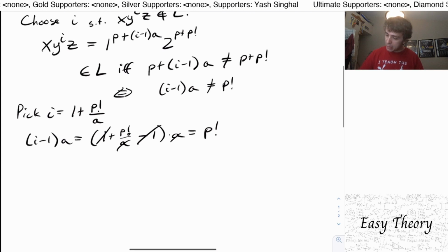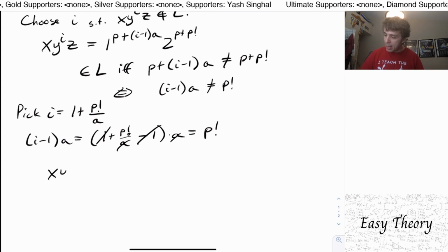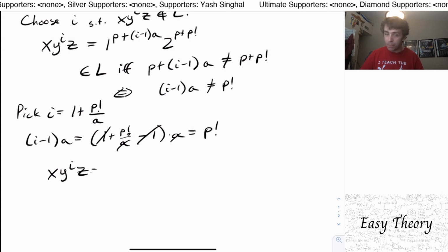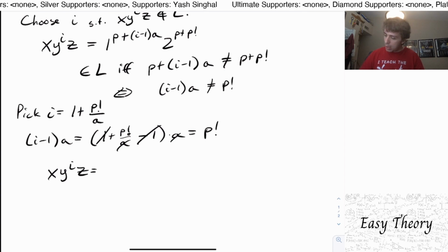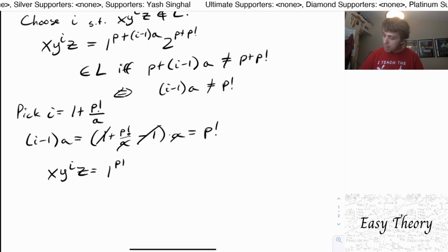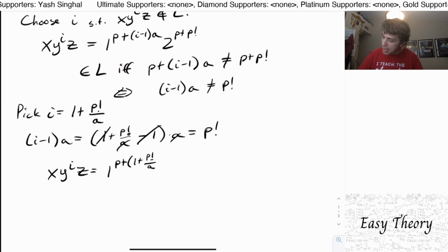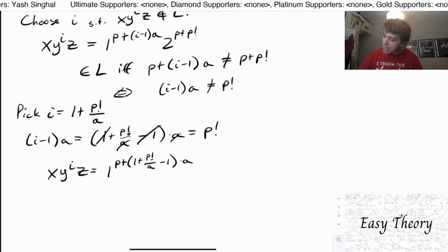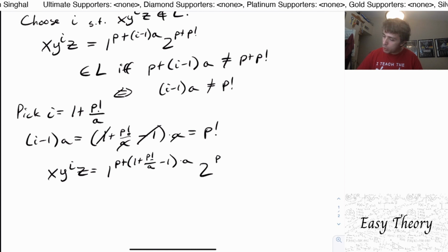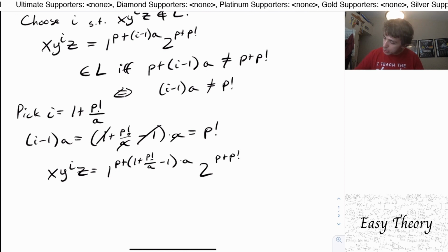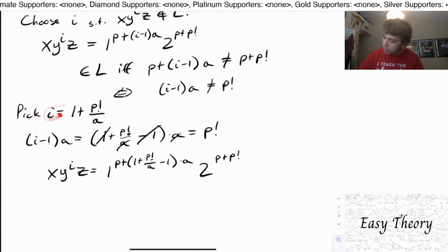So if we look at the final string, xy to the I z is going to be 1 to the power P plus, now just substituting in this value of I, 1 plus P factorial over A minus 1 times A, and then we still have the run of 2's at the end. But we just figured out that picking this value of I, this term right here will be P factorial.